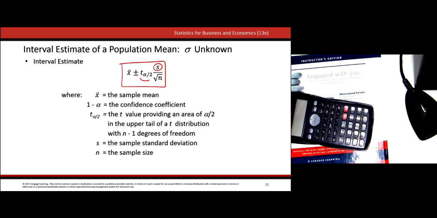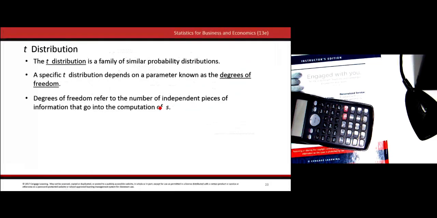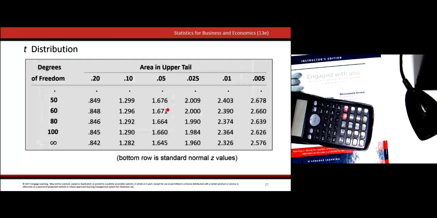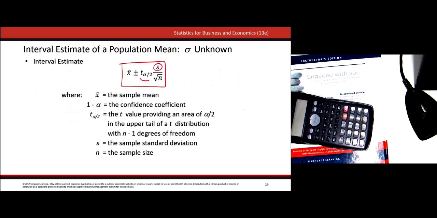T alpha over 2 is a t value providing an area of alpha over 2 in the upper tail of a t distribution with n minus 1 degrees of freedom. Df, degrees of freedom, is n minus 1 in this case.